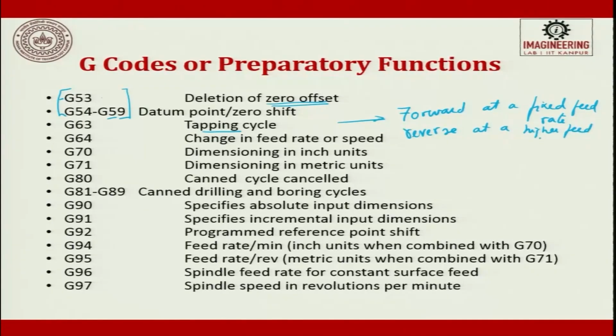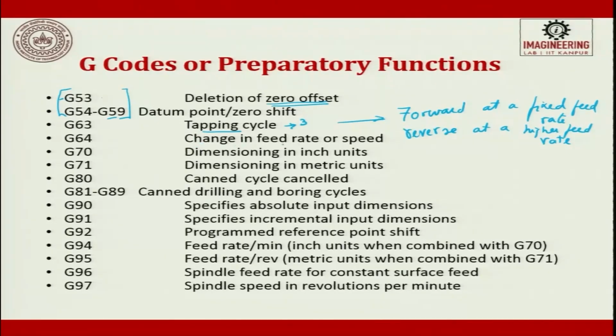This is to reduce the production time or increase productivity. So in the tapping cycle, it is not one shot like drilling. You go forward a few millimeters and then reverse back, then go forward a few millimeters, then reverse back, and finally you get it. And in taps also you have 3 different taps for making one particular thread.